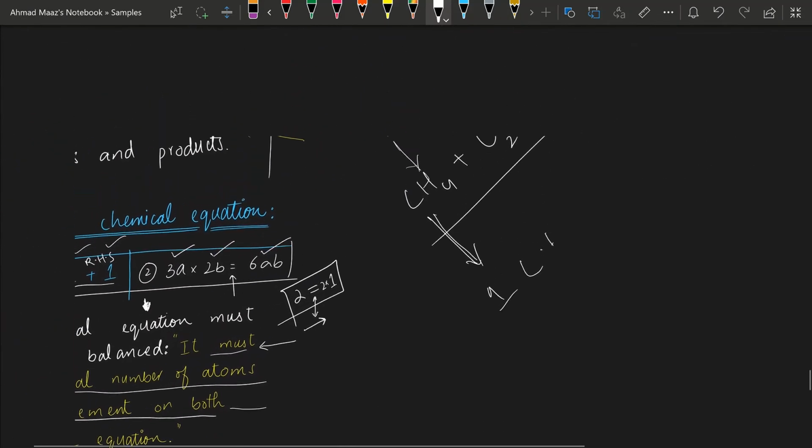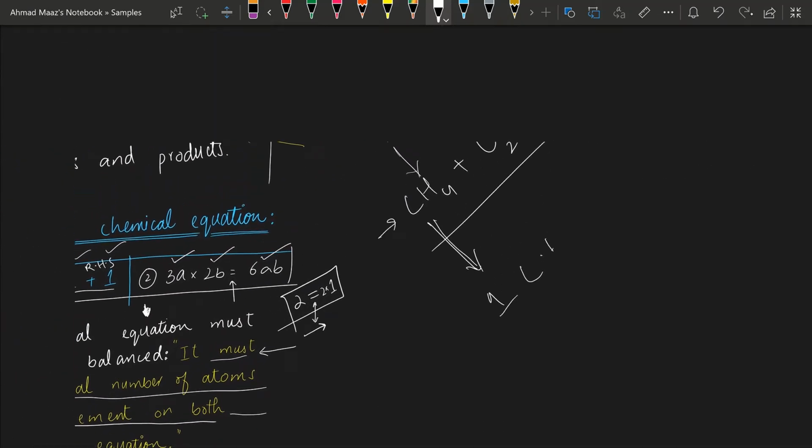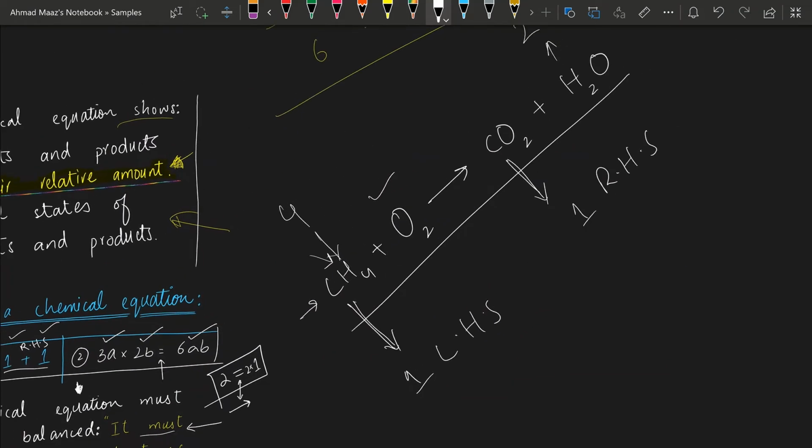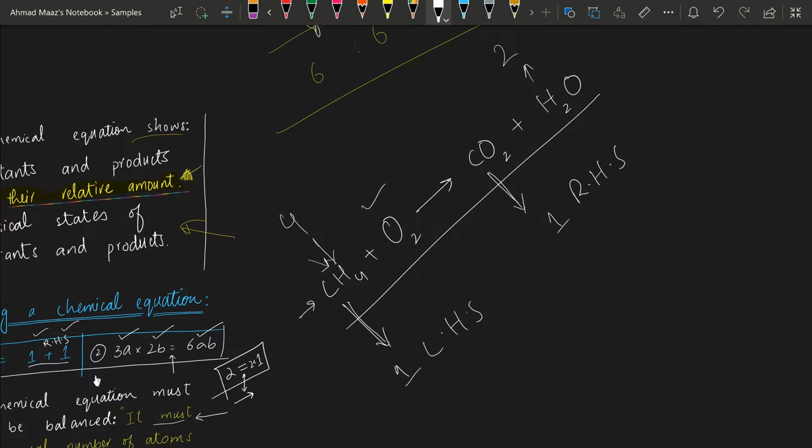All the elements, whether it is carbon, hydrogen, or oxygen, their number must be equal on both sides. So this equation is not balanced. Similarly, there are two oxygens over here and there are 2 plus 1, 3 oxygens over here. The number of oxygens is also not balanced. Alright, so there is a discrepancy.